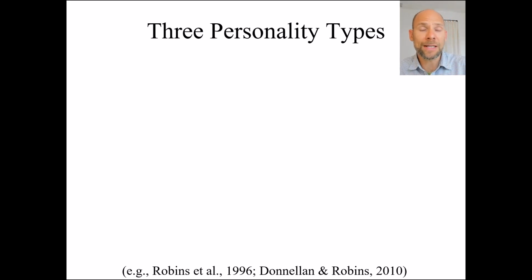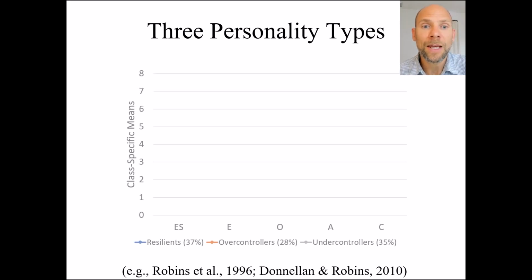Now let me give you an example too, so that this becomes a little bit more concrete. So there's, for example, in personality research, a theory about 3 personality types. You find some references here at the bottom. And in that 3 personality type theory, there are resilients, over-controllers, and under-controllers, and they are extracted or found based on the big 5 personality scale scores or factor scores.